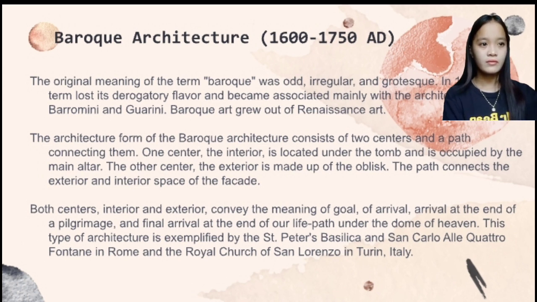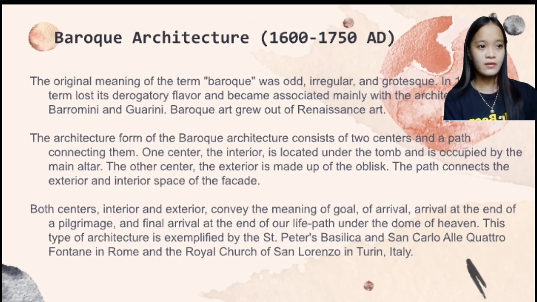The architectural form of Baroque architecture consists of two centers and a path connecting them. One center, the interior, is located under the dome and is occupied by the main altar. The other center, the exterior, is made up of the obelisks.